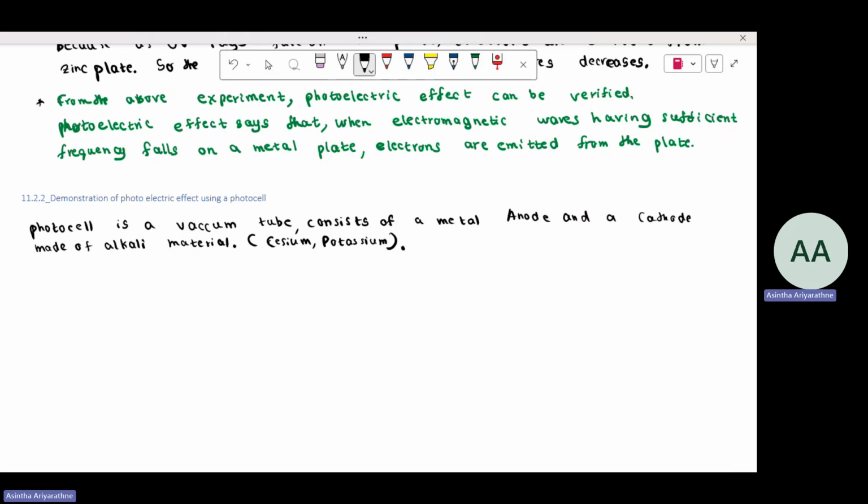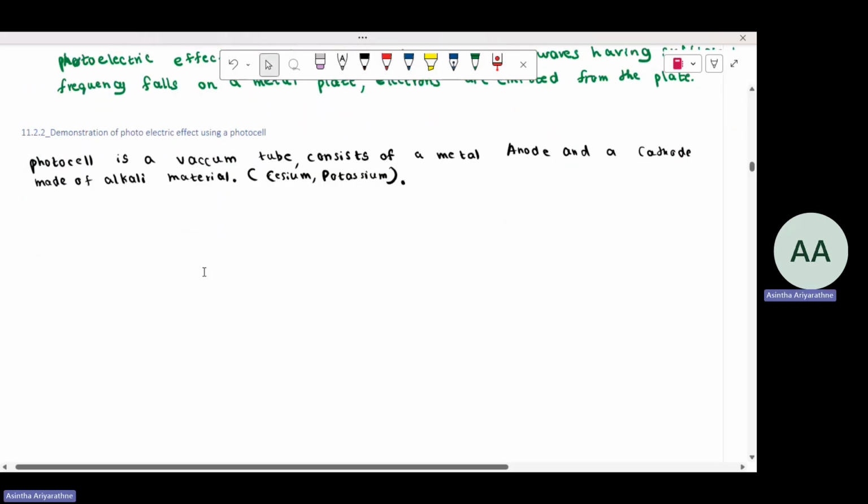The reason behind this being a vacuum is to reduce the interference to electron flow.